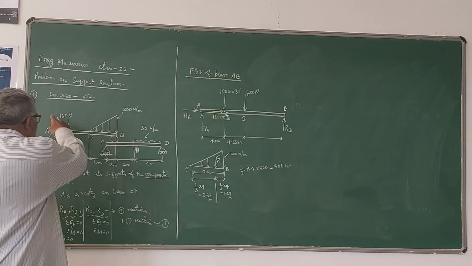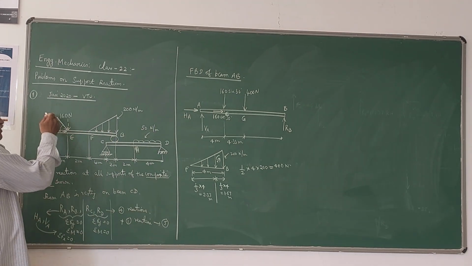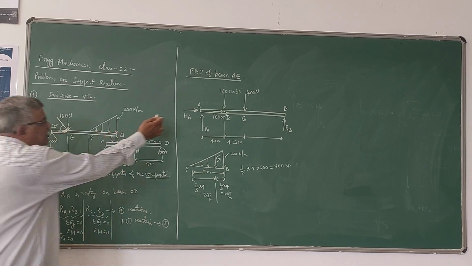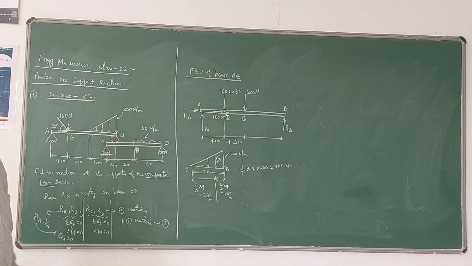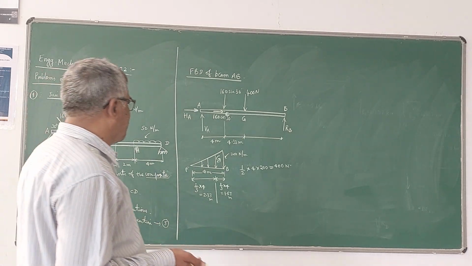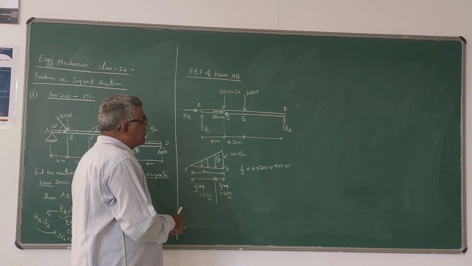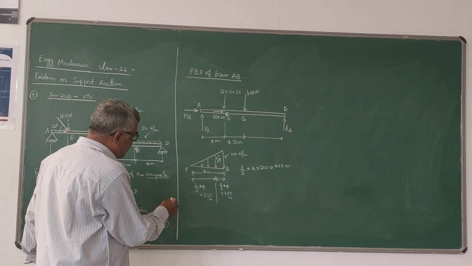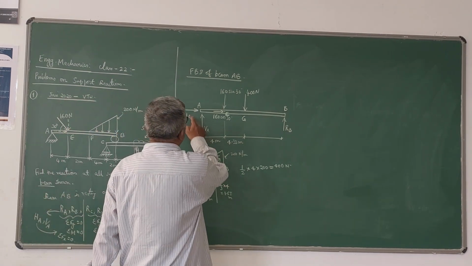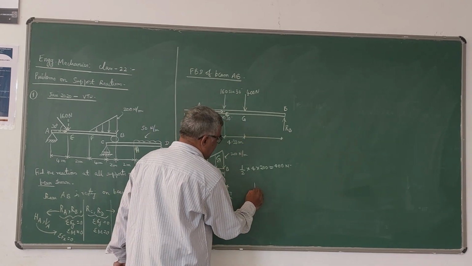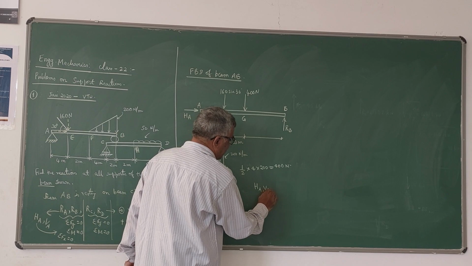If this inclined load is not given, and instead they give only a vertical load of 160 Newton, then HA will be 0. There will not be any horizontal component. Now, this is the free body diagram of beam AB. There are three unknown reactions here, HA, VA and RB.